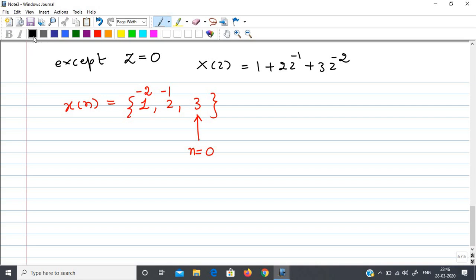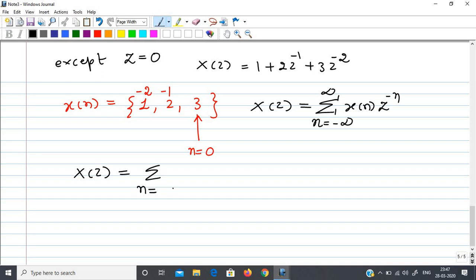Now if I ask you to find the Z transform of this sequence, again from the definition, X(z) is the summation over n running from minus infinity to plus infinity, x of n z to the power minus n. But this time our sequence is non-zero only between minus 2 and 0. Therefore, this summation would be over n from minus 2 to 0, x of n z to the power minus n.